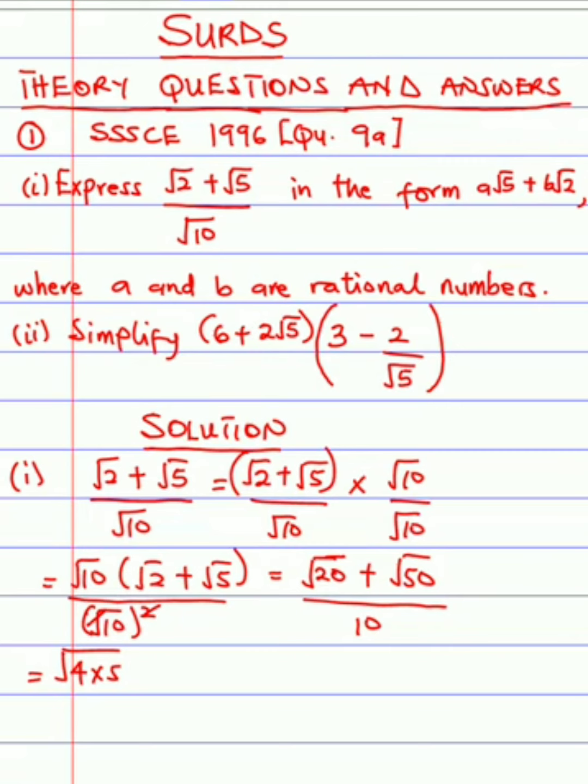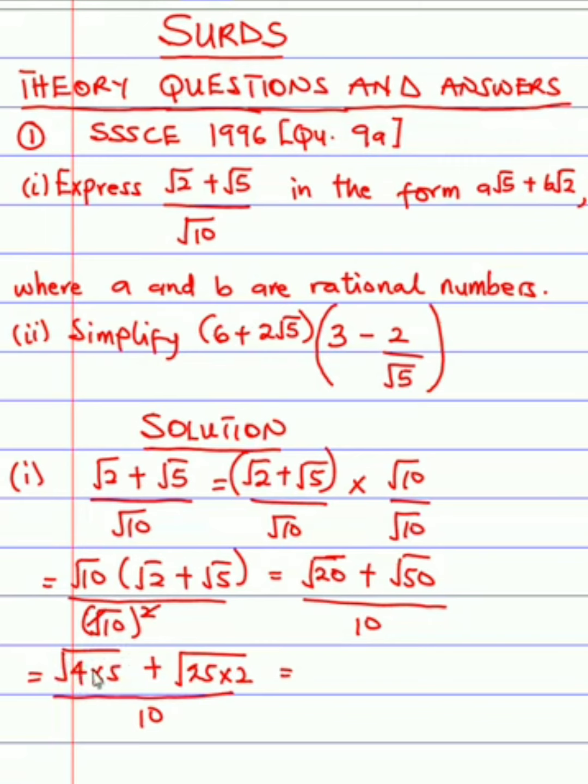So 4 times 5 gives us 20. Then we have plus root 50, which becomes root 25 times 2. Now 25 is a perfect square, so times 2 gives us root 50, all over 10.